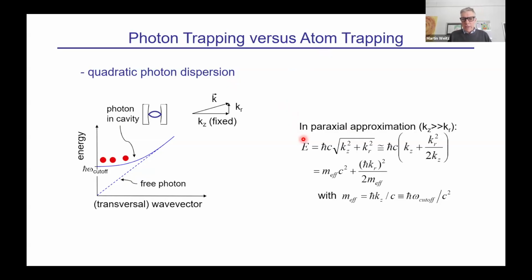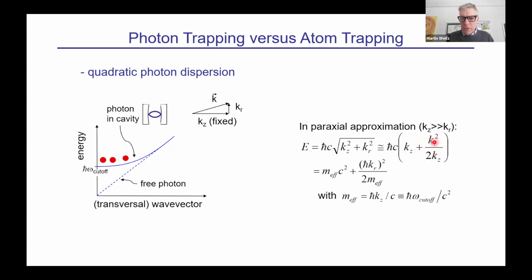The energy of photons is h bar c times the square root of kz squared plus kr squared. kz is the wave vector along the cavity axis. In paraxial approximation, so if kz is much larger than kr, you find that it's h bar c times kz plus kr squared divided by 2kz. So we do get a quadratic term.